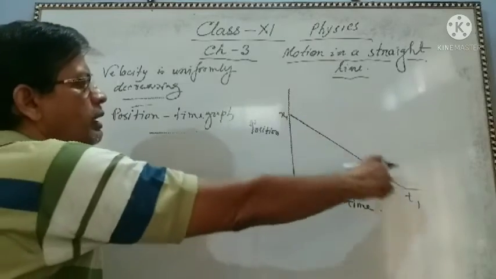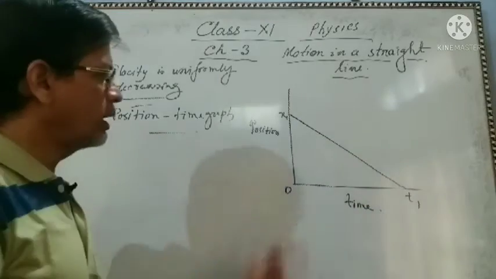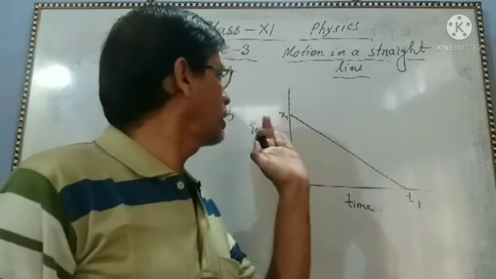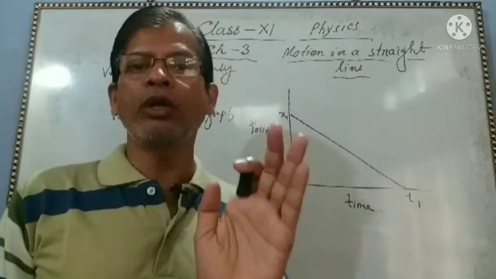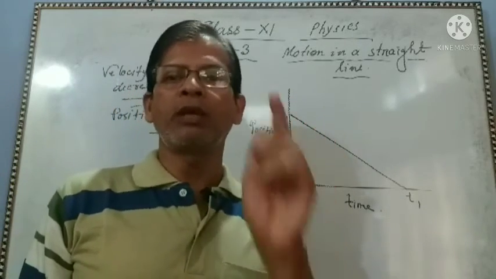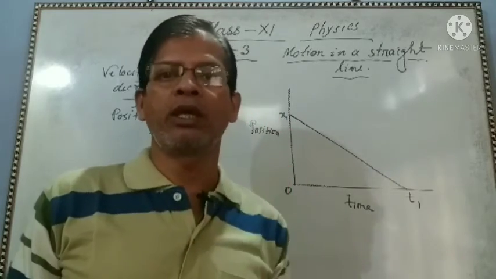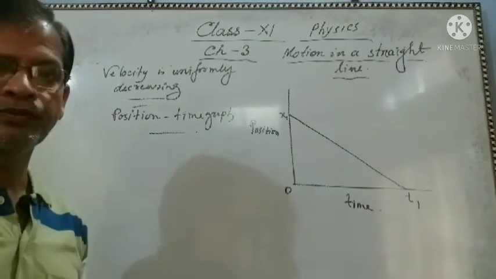This graph indicates the position time graph for which the velocity of the body is uniformly decreasing, having positive displacement.